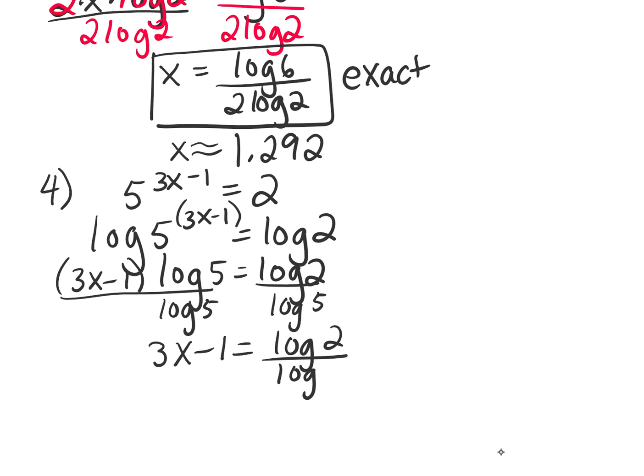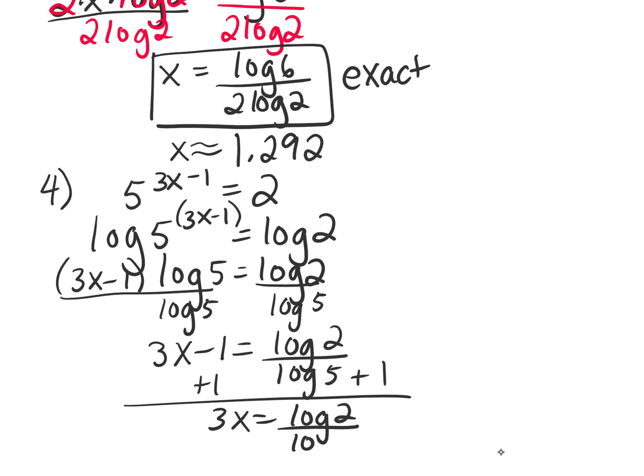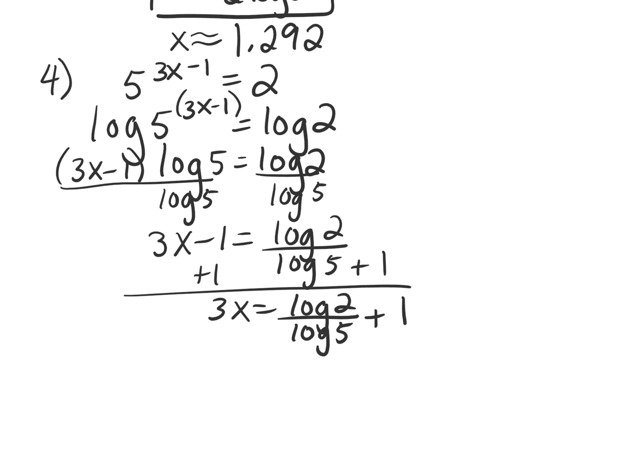The only catch with this one is we have a number in front of x that we have to divide by, and dividing when you already have a fraction kind of gets messy. So we want to talk about a different option instead of dividing that you can do with this. So you can divide both sides by 3, or multiplying by 1/3 gives you the same result. I would multiply by 1/3 on both sides and then distribute that in, because it's much easier to do that if there's already a fraction there.